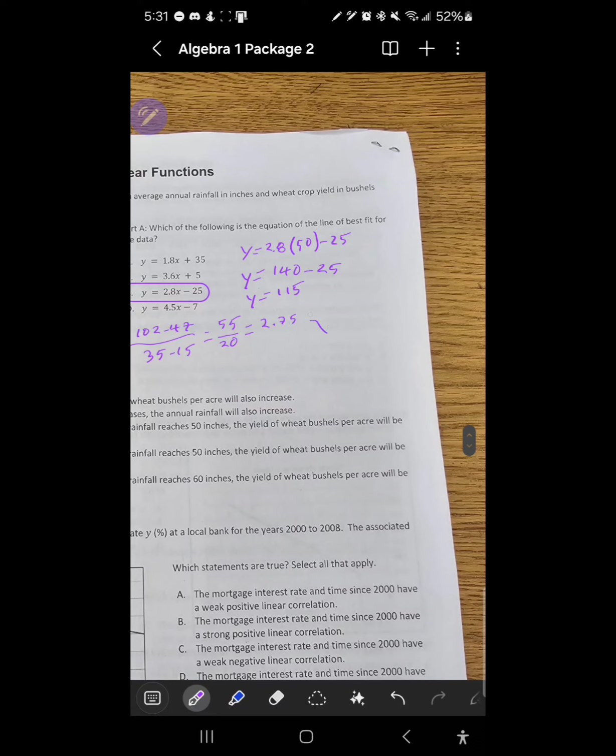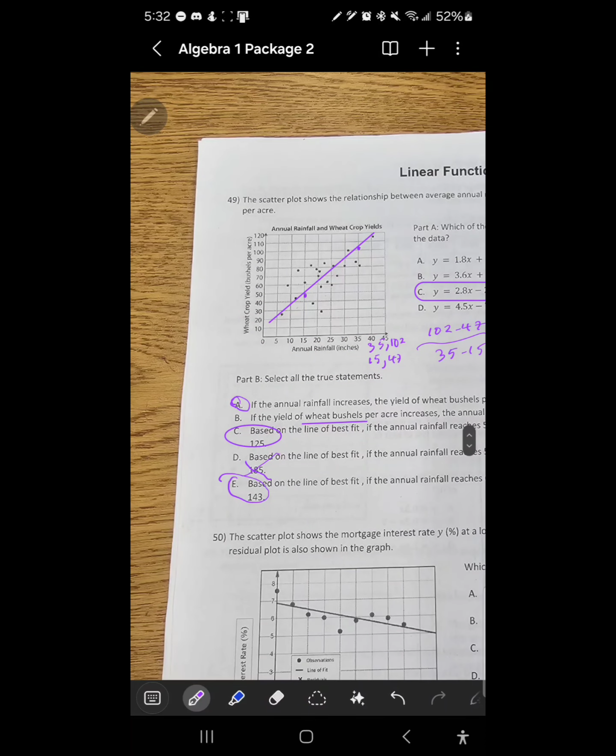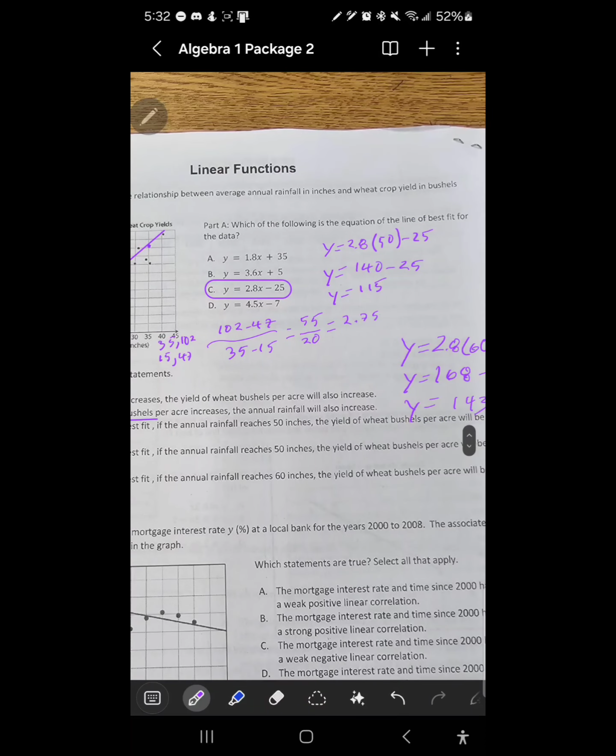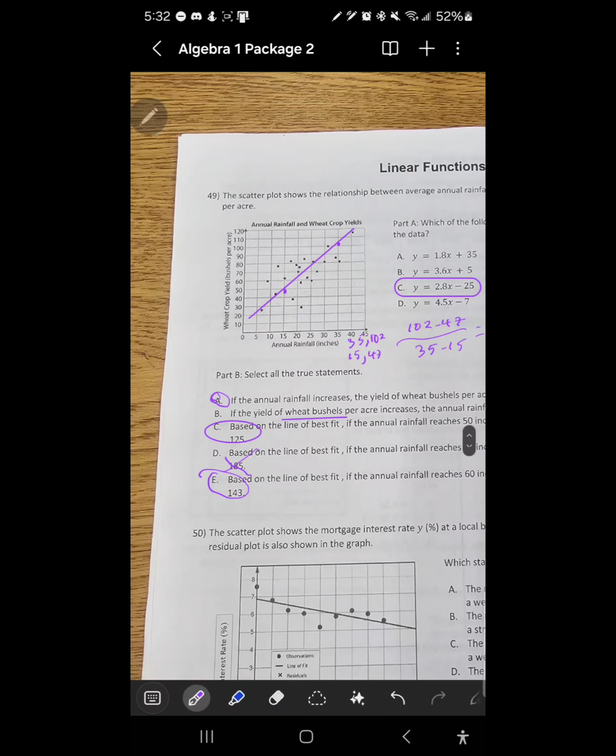So what I said is that, sorry about that. y equals 2.8 times 60 minus 25, and 2.8 times 60, as I calculated here, is 168, minus 25, and y equals 143. And that's what E is saying, so that's true.